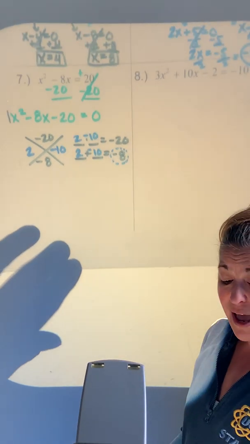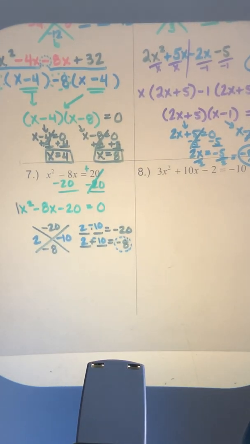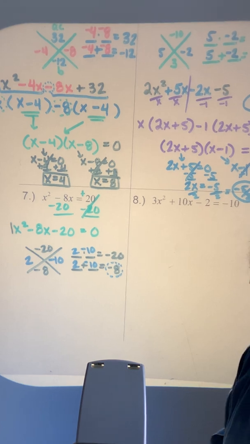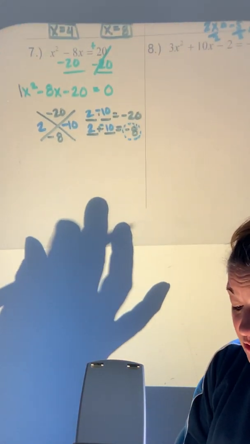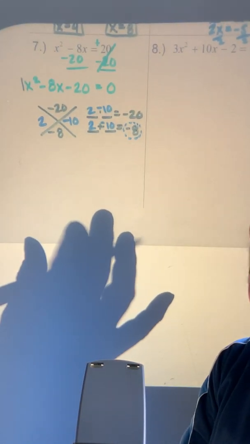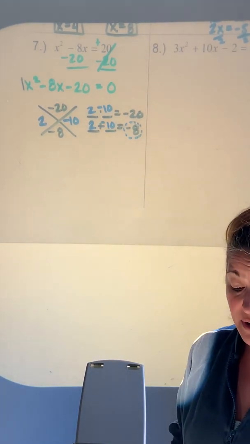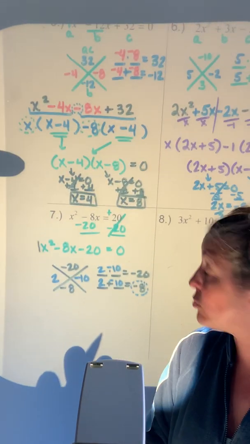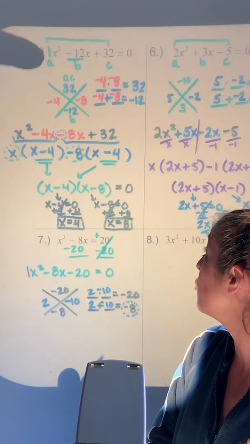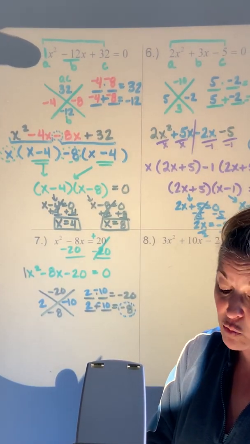Now to save us some time, guys, honestly, I'm not going to go through all this work like we did for number 5. If anybody's watched the videos from Unit 10, you already know this shortcut. For those of you who don't, I'm going to share it with you now. There is no reason to go through and do all this work when you have the a value of 1.